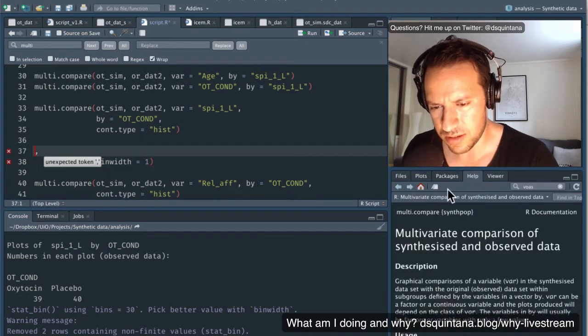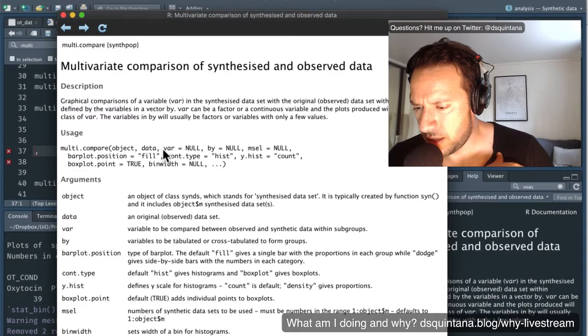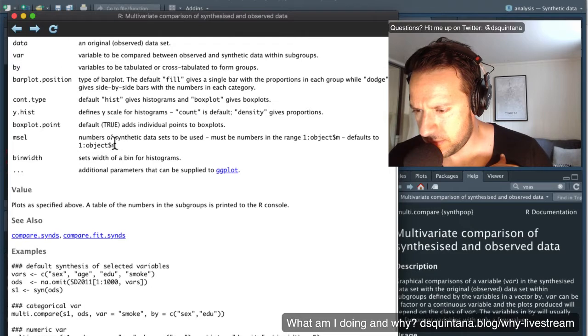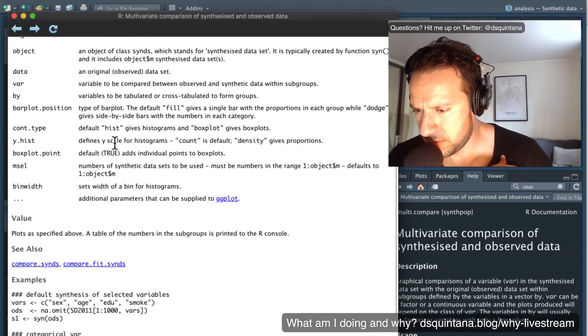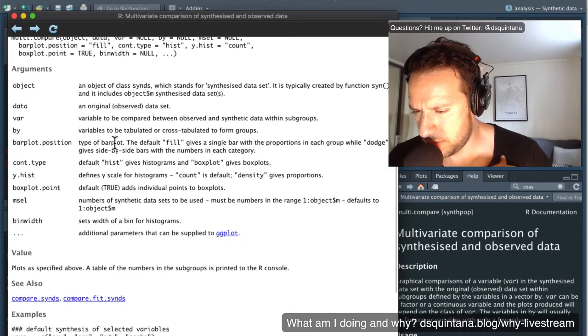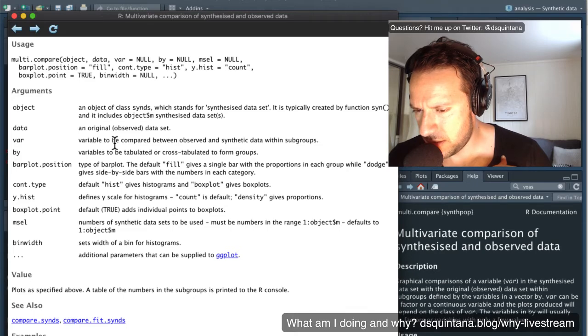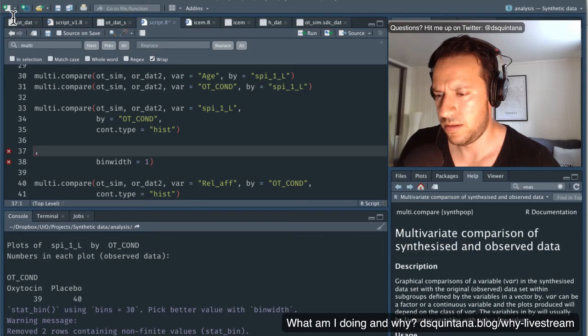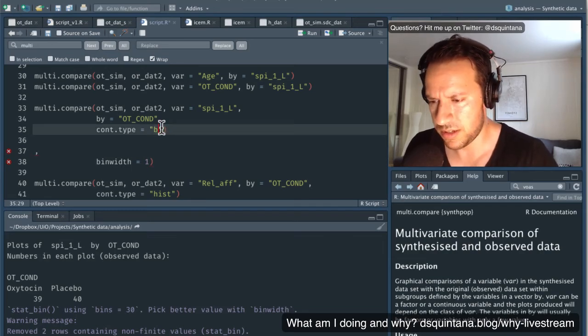Back to the documentation. Let's try bar plot again and try this dodge thing.